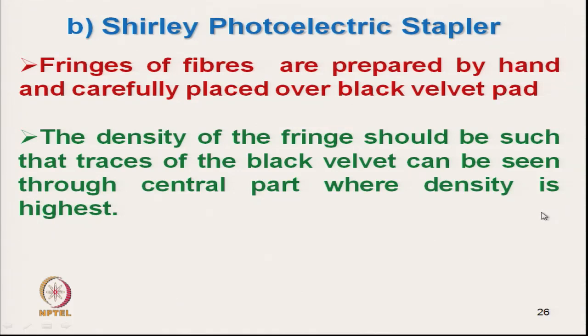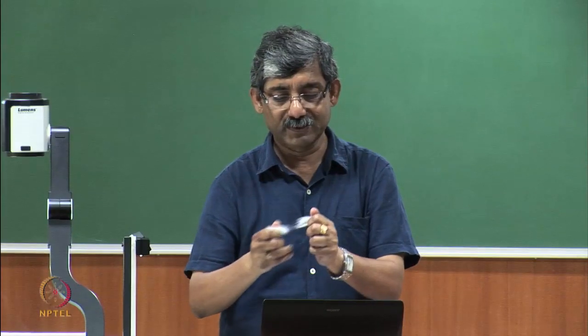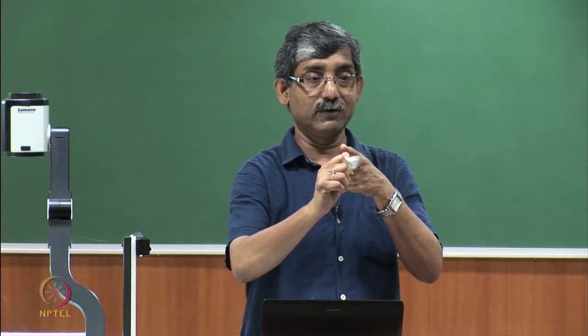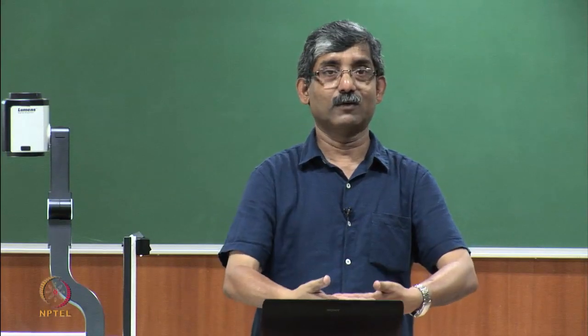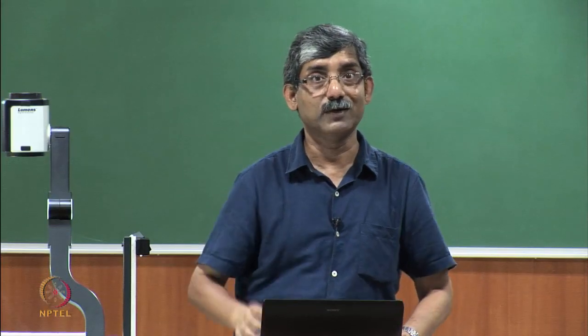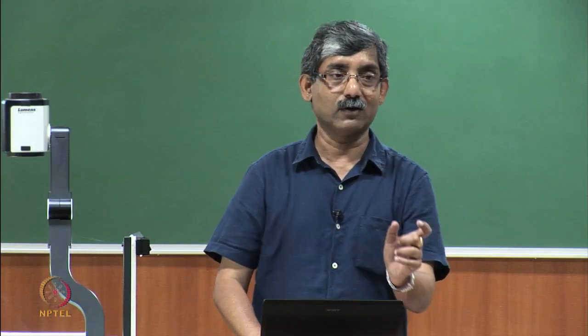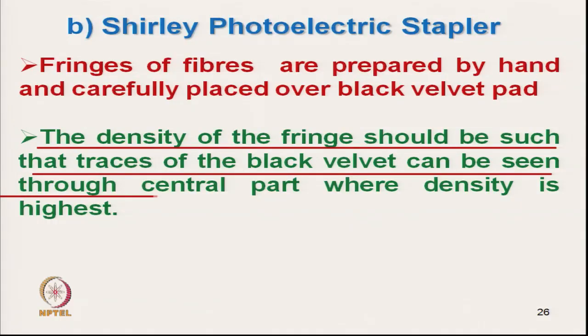We cannot have highly dense material, so the density should be very thin, so that even through the central part, the black velvet at the bottom of the fringe is visible. We cannot have a very thick fringe. That is important.